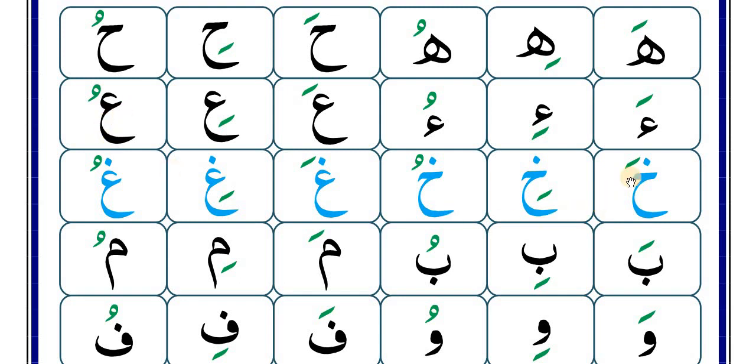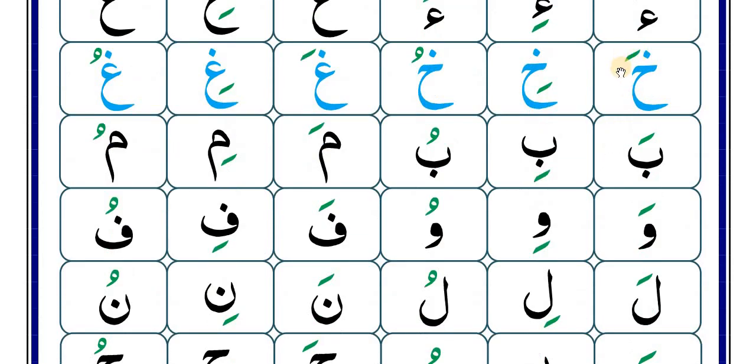So these are two letters, kha and ghain. These are similar sound letters, so we will make a difference. Kha, khi, khu. Kha is a mustali letter, so read it in thick voice. Ghain is a mustali letter, and we will read it in thick voice. Kha, khi, khu.